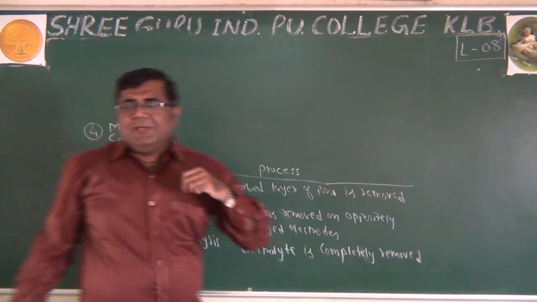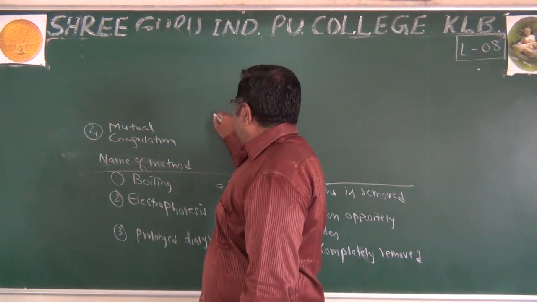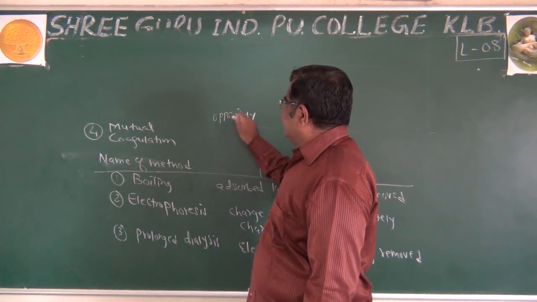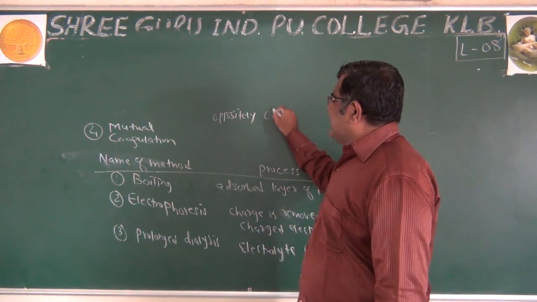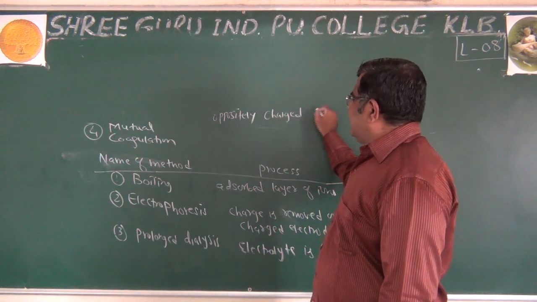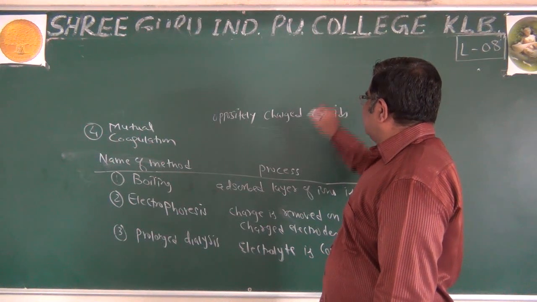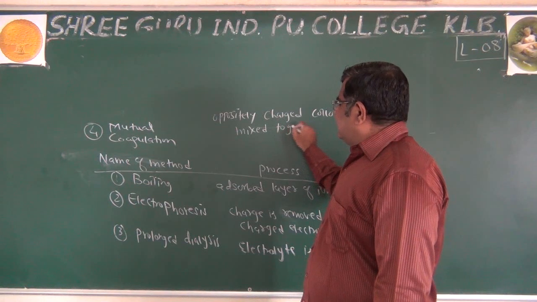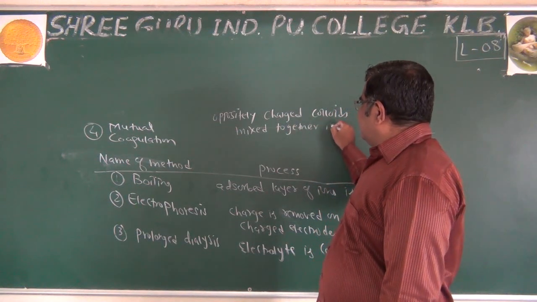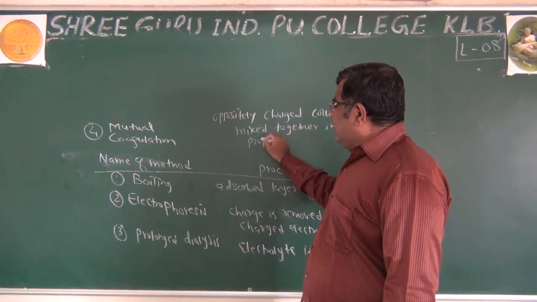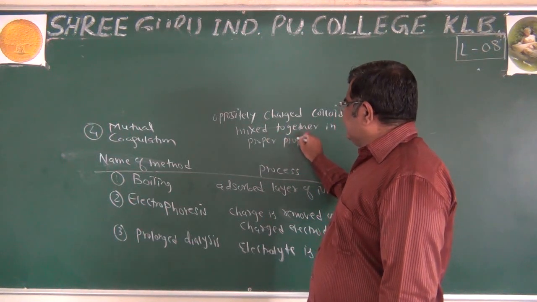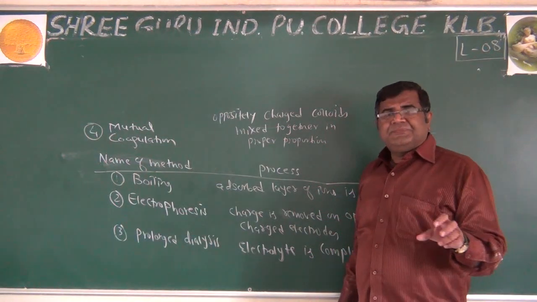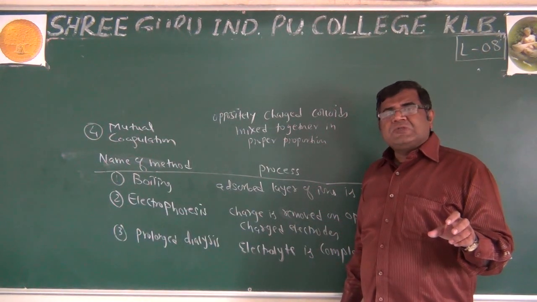In this mutual coagulation, oppositely charged colloids are mixed together in proper proportion. It is just like a racemic mixture in optically active compounds.